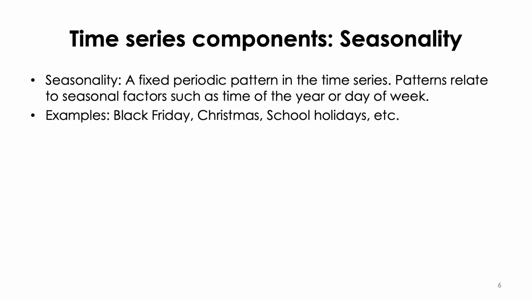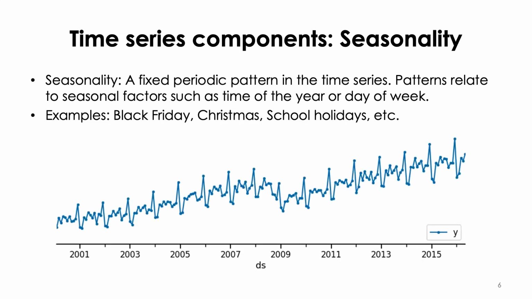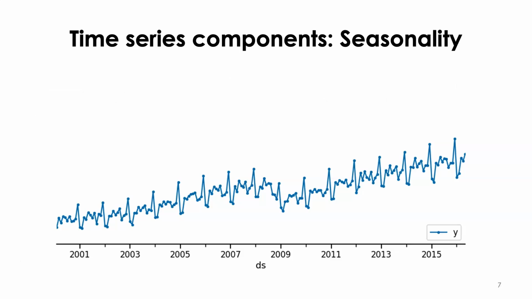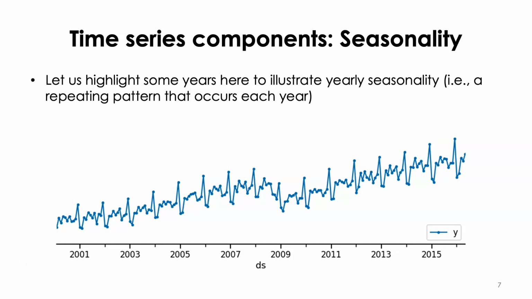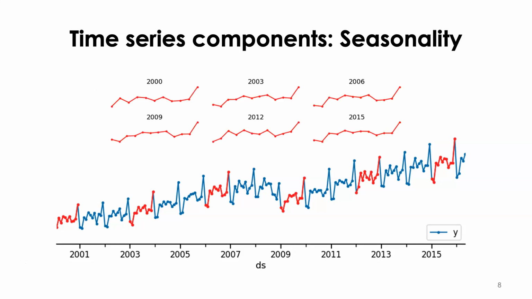Let's return to our example time series now. Let's see if we can highlight aspects of this time series to highlight the seasonality. If we highlight some years, we can illustrate that there is yearly seasonality, that is, a repeating pattern that occurs every year. So if we highlight some of these years in red and plot them individually, we can spot that there is a pattern that occurs each year irrespective of the overall trend.